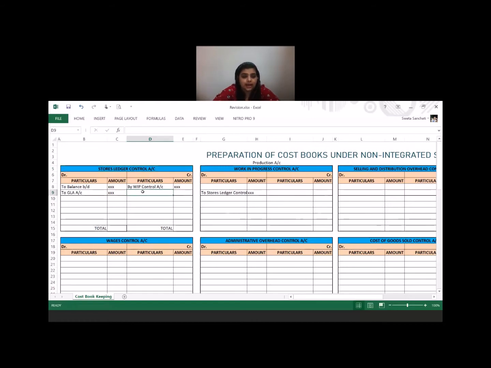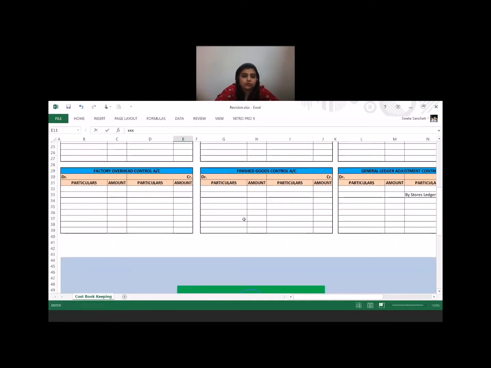So let us say I have by factory overhead account, indirect material related to factory, by admin overhead account, control account, and by selling and distribution control account. So all the indirect material जिसका है उसको मैंने दे दिया.